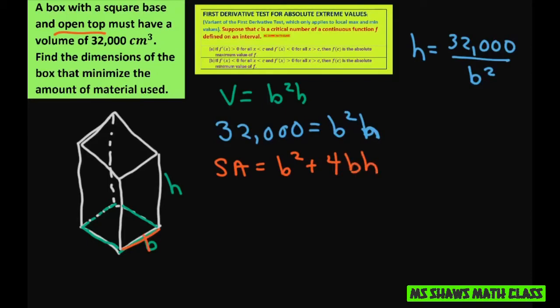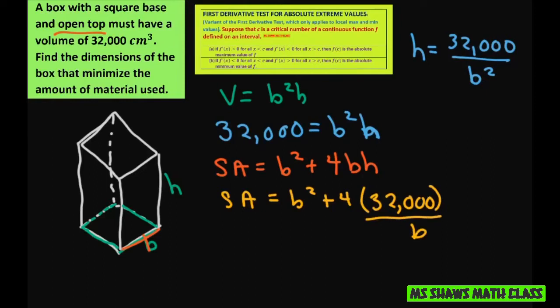And we can plug everything in, substitute, and we're going to get surface area equals base squared plus 4 times 32,000 divided by B, your base.